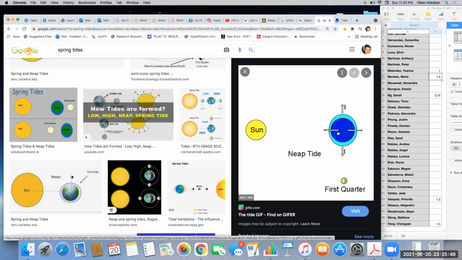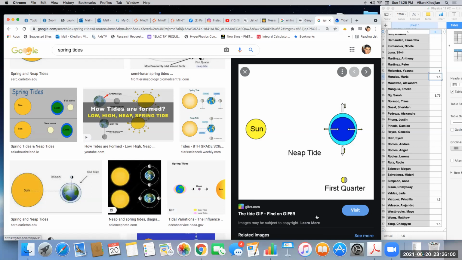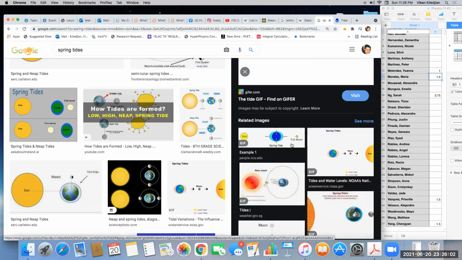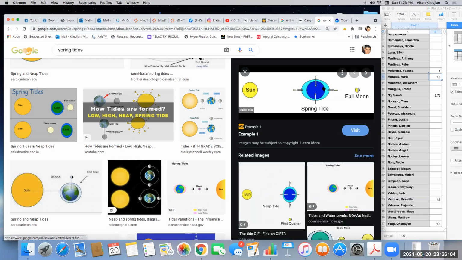Okay, so this is neap tide. See the first quarter? So the high tide is not too high. The low tide is not too low. You see? But then if you go to a spring tide, there you go. The high tide, you see, this is a little bit better picture. You can tell the high tide is higher than the high tide there. The high tide here is higher because the moon is pulling you, stretching you in the same direction as the sun is.